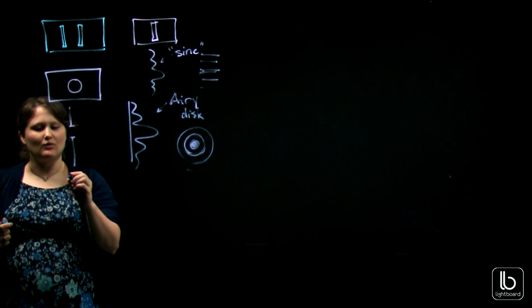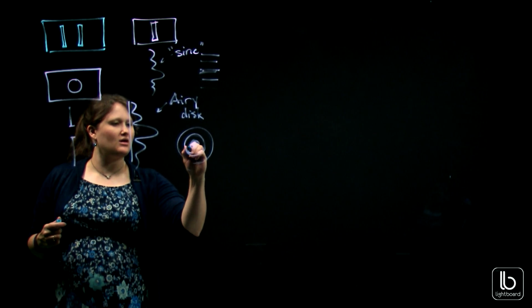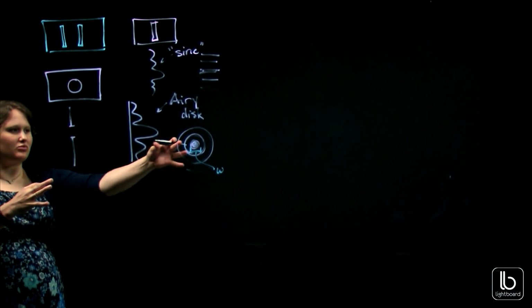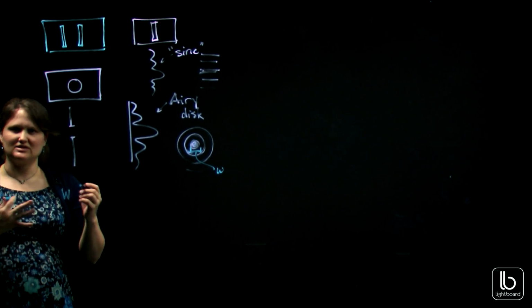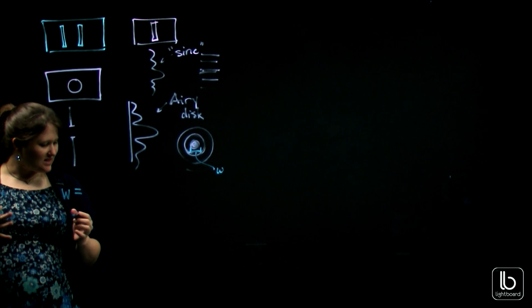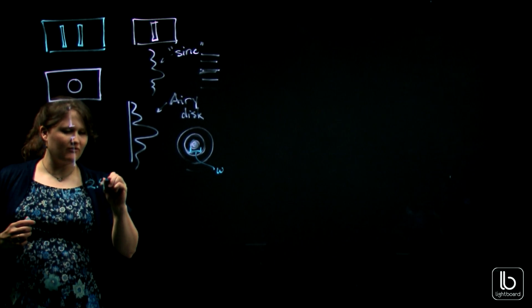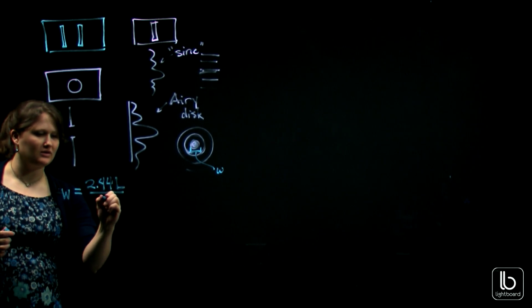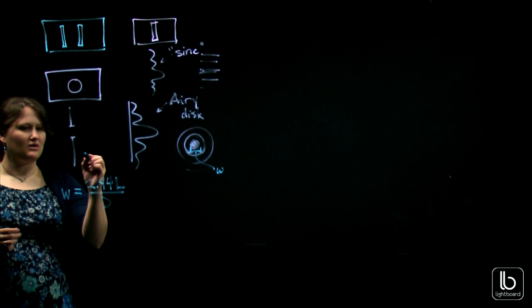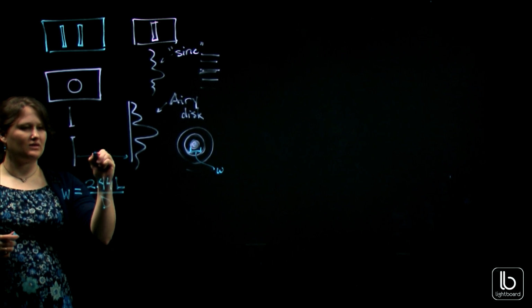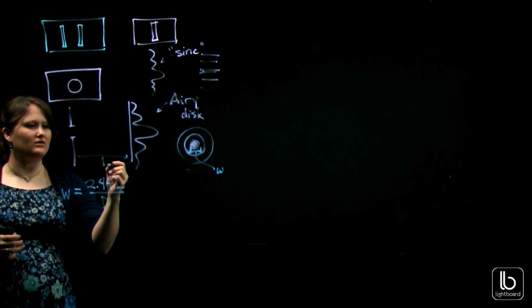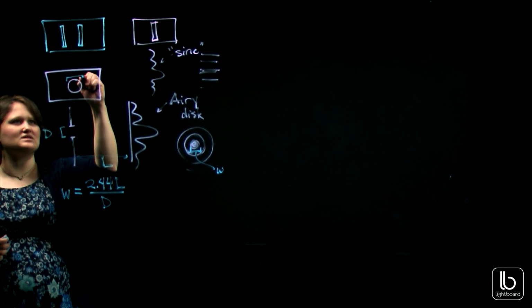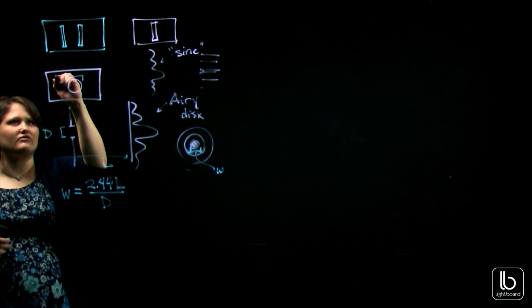But what I want you to take away is that the width of my spot diameter here, the width of this central bright region, is going to be little w, and that is equal to 2.44 times lambda L over D, where this is going to be L, and this is D. D is the diameter of my aperture.